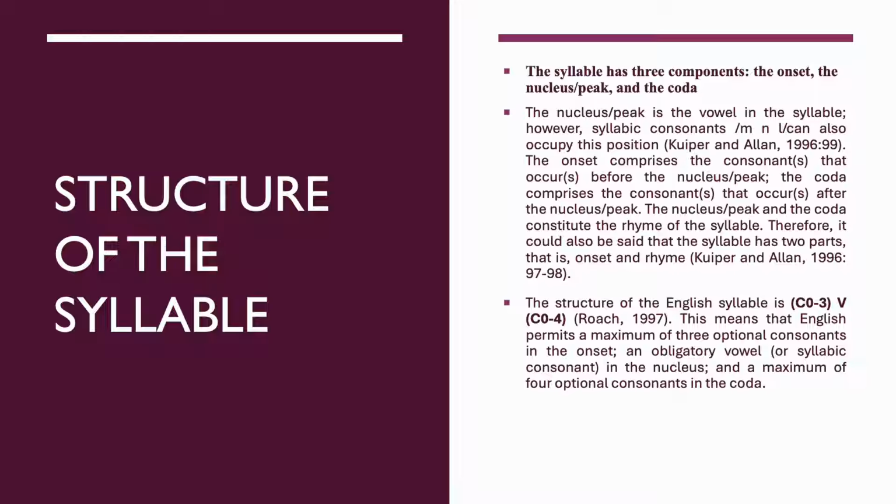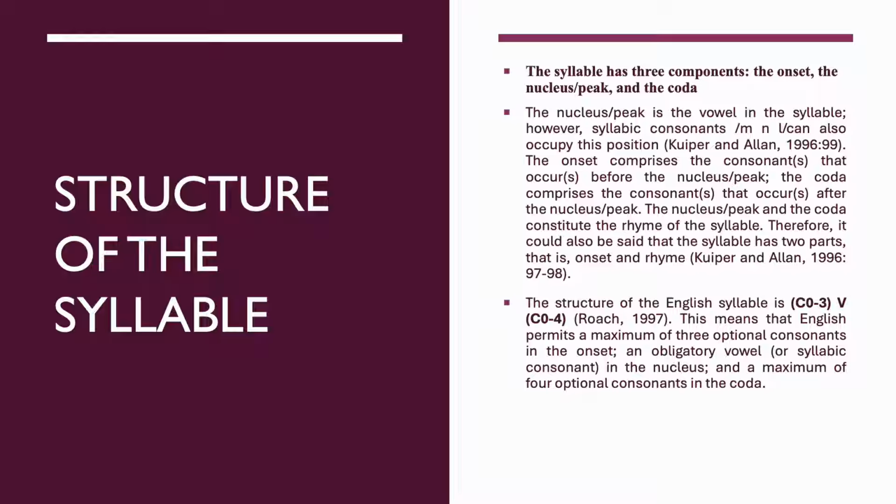The nucleus is the peak, that is what is in the middle. The onset comprises the consonant or consonants before the nucleus, that is, before the vowel, while the coda comprises all of the consonants after the vowel.